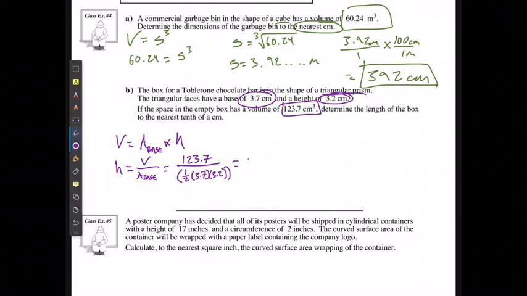This is going to give me 20.895 centimeters. To the nearest tenth of a centimeter, it's going to be 20.9 centimeters.